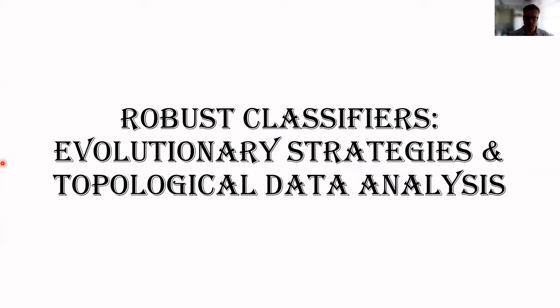Okay, so let's start with the first topic. So robust classifiers. In particular, I'm interested in evolutionary strategies and so-called topological data analysis. And these two ideas can be embedded in neural networks in some way to increase their robustness.